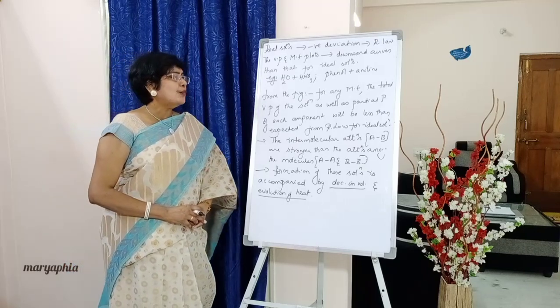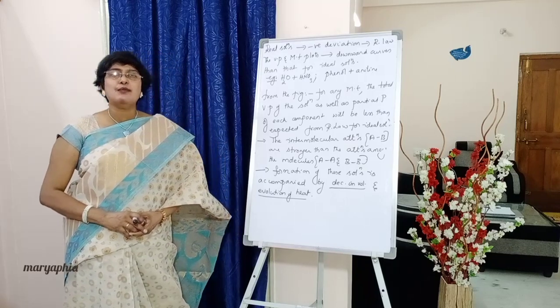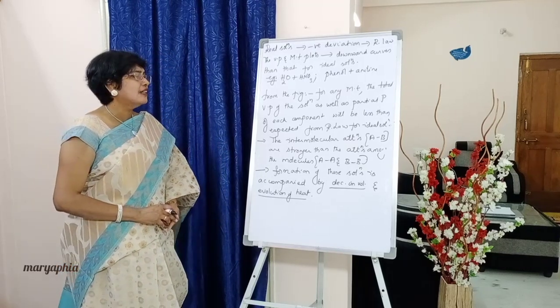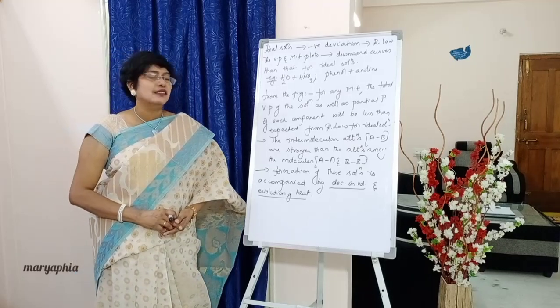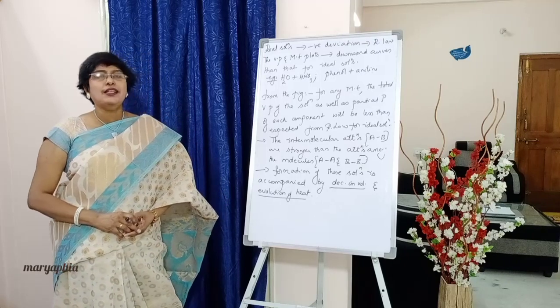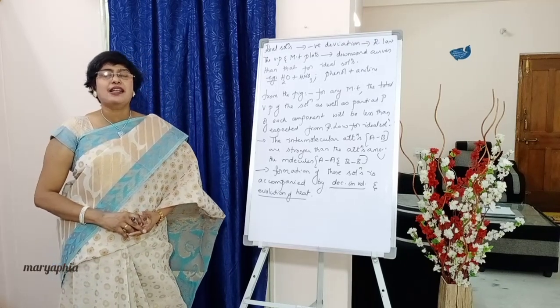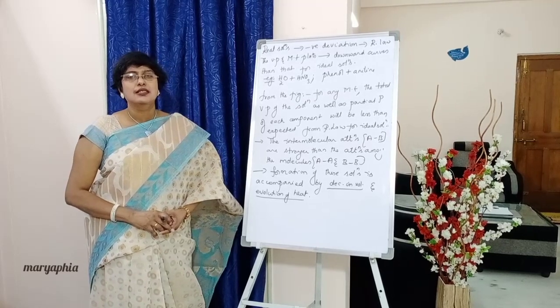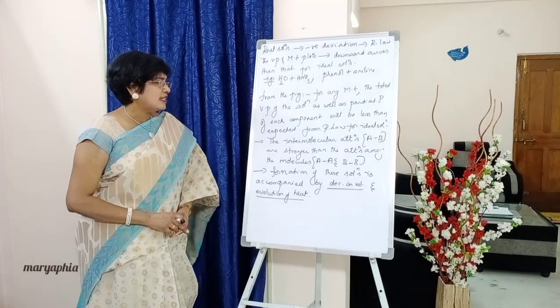Next, the intermolecular attractions. Intermolecular means between the molecules. AB attractions are stronger than the attractions among the molecules, AA and BB attraction, students. Okay, that is the second point.